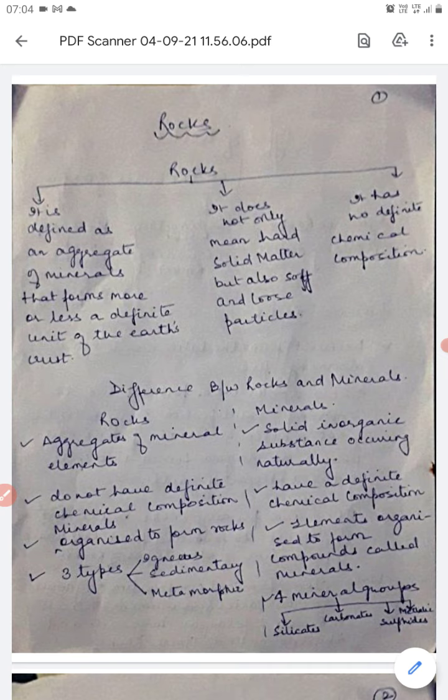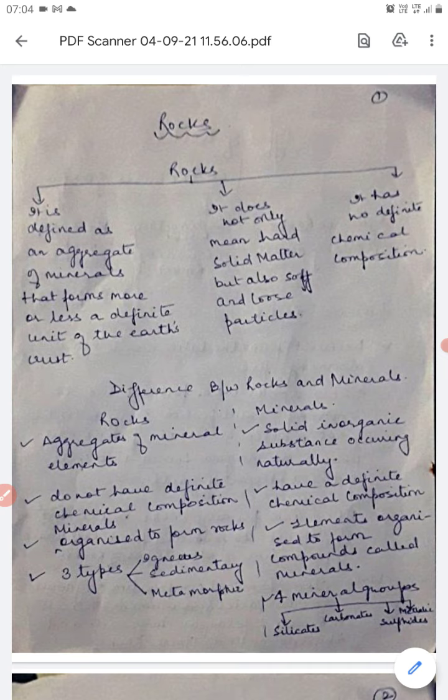What is rock? Rock has been defined as an aggregate of minerals, and these rocks form the earth crust. Rocks not only mean the hard solid material, but they also comprise loose particles.